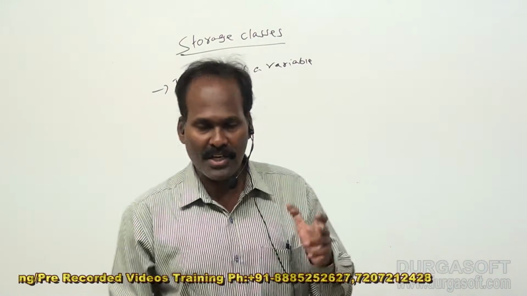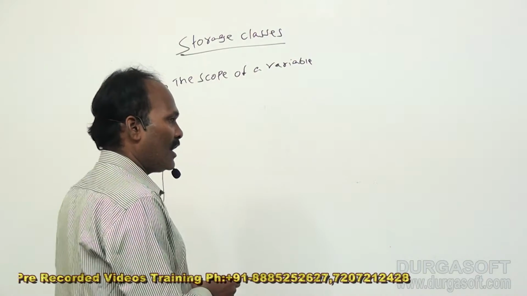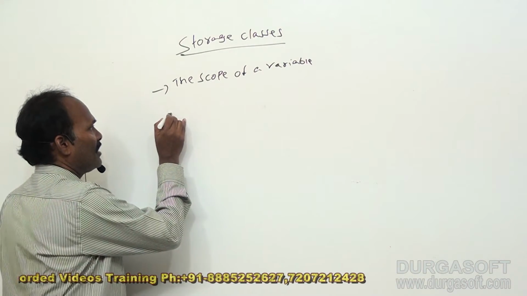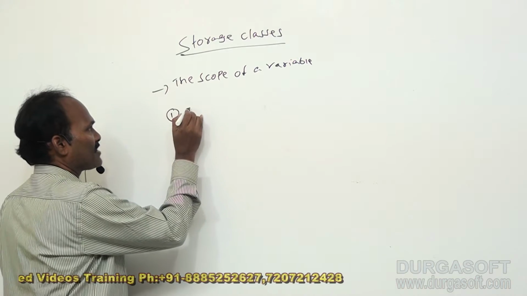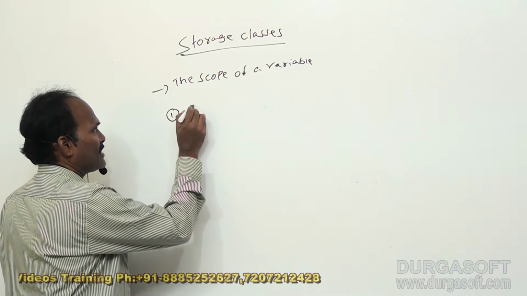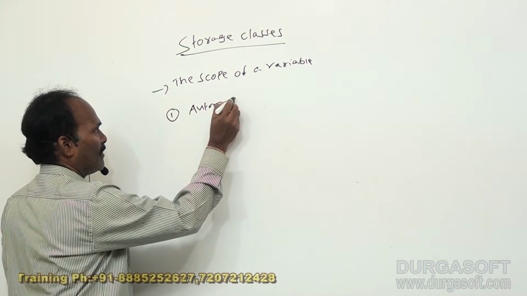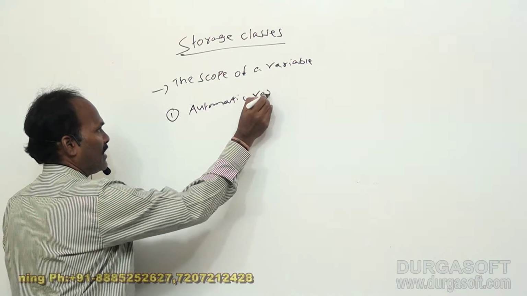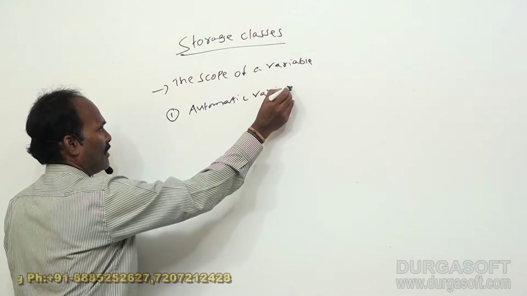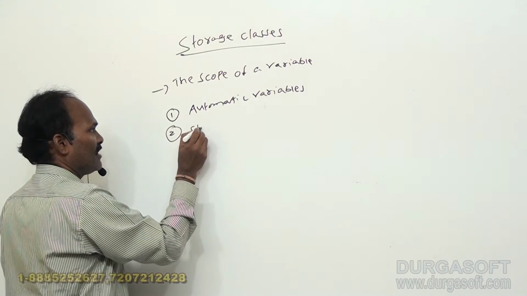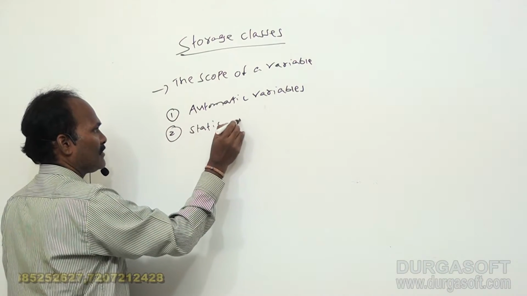Based on the scope and longevity of variables, the storage classes are divided into mainly 4 categories. What are the 4 categories? First category is automatic variables. Second one is static variables.